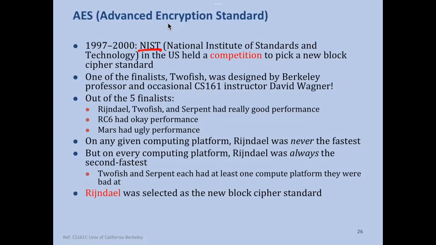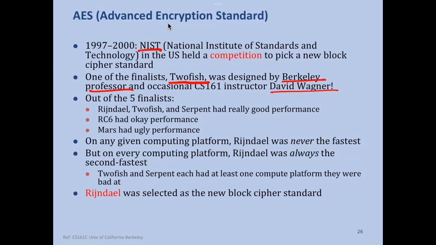The fastest one was Twofish. This was designed by a Berkeley professor, right? We are using slides by possibly the same professor, David Wagner. You would find content created by him if you go to the Berkeley site. We have also used some of this professor's slides in our earlier course on architecture.